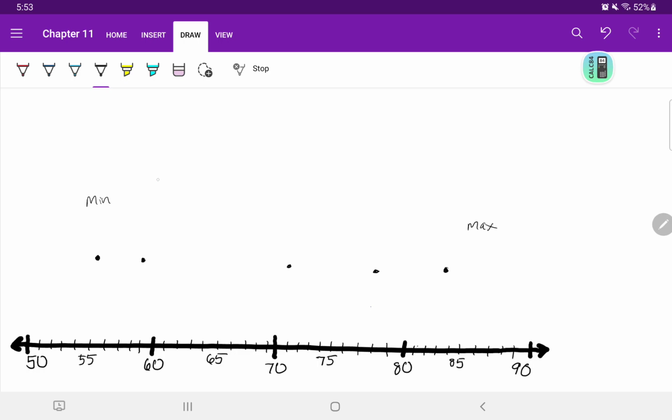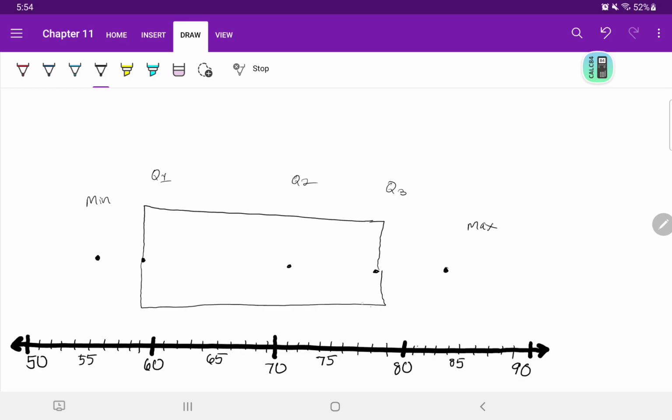Now, label them. Q1, Q2, which is the median, Q3, which is quartile 3. You're going to draw a box around the dot for Q1 and Q3, like this. The width and the height of the box doesn't make a difference. Just draw a box to the best of your abilities.